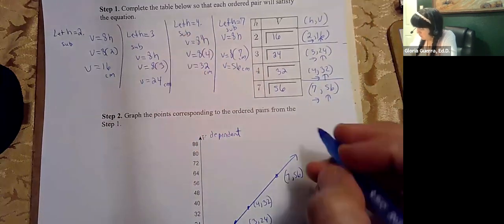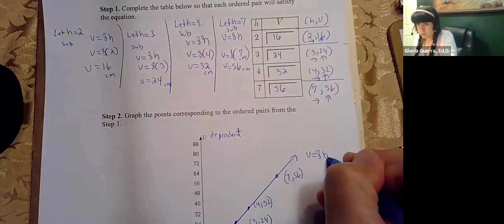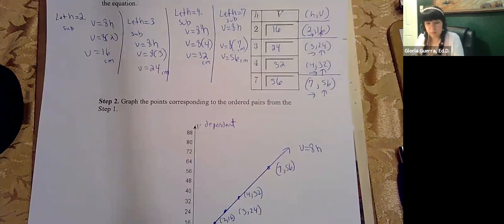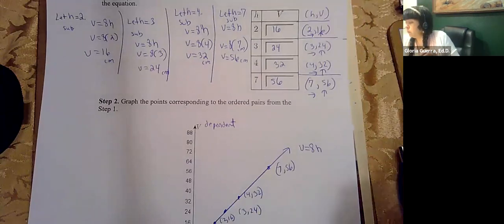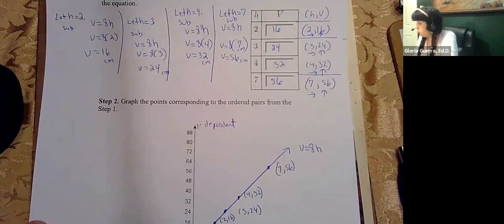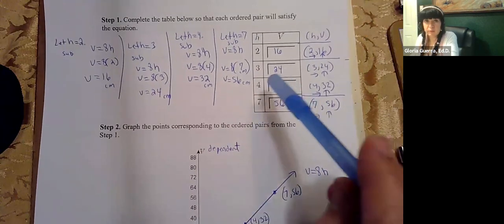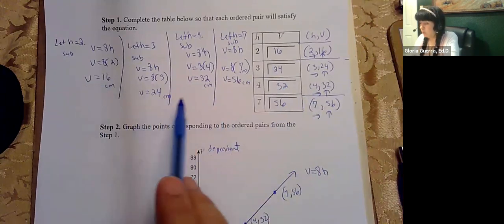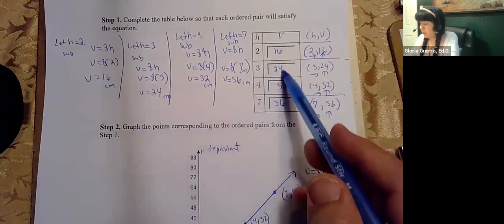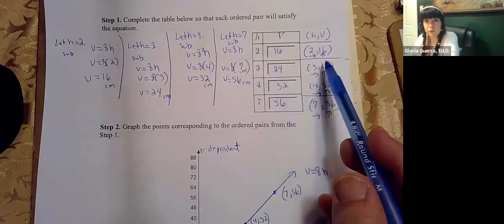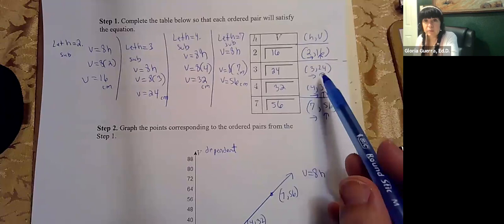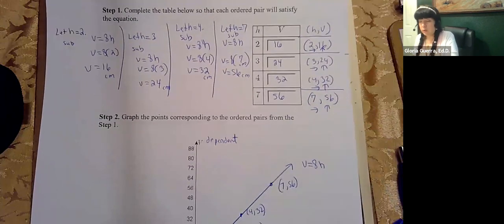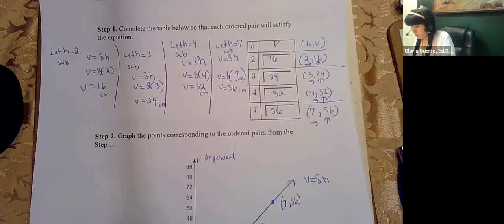Okay, and the name of that is B equals 8 times H. So you see how we're substituting points and plugging them in, kicking out values for B. And then you're making an ordered pair, and then you're plotting them.